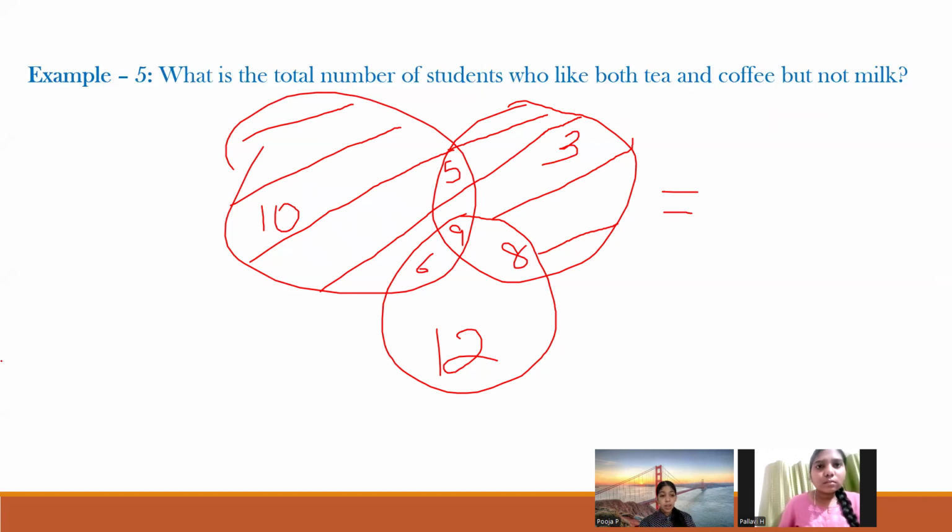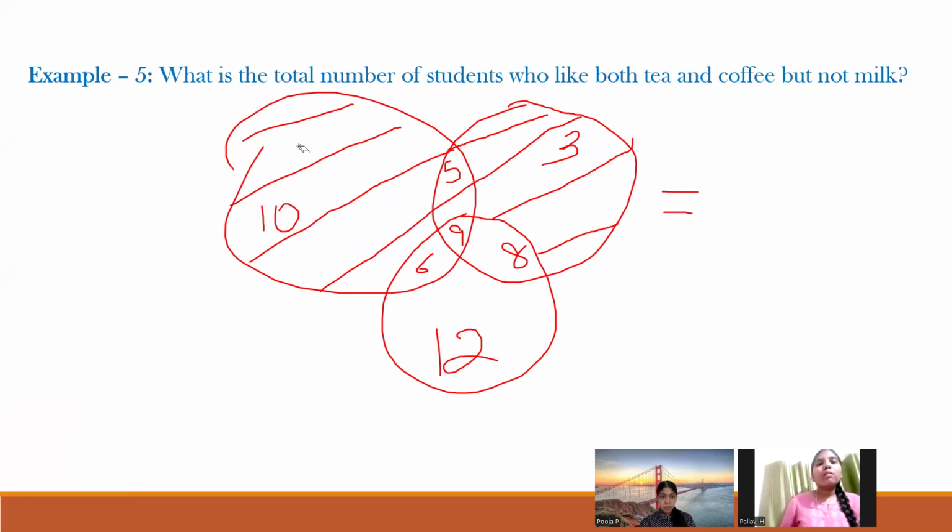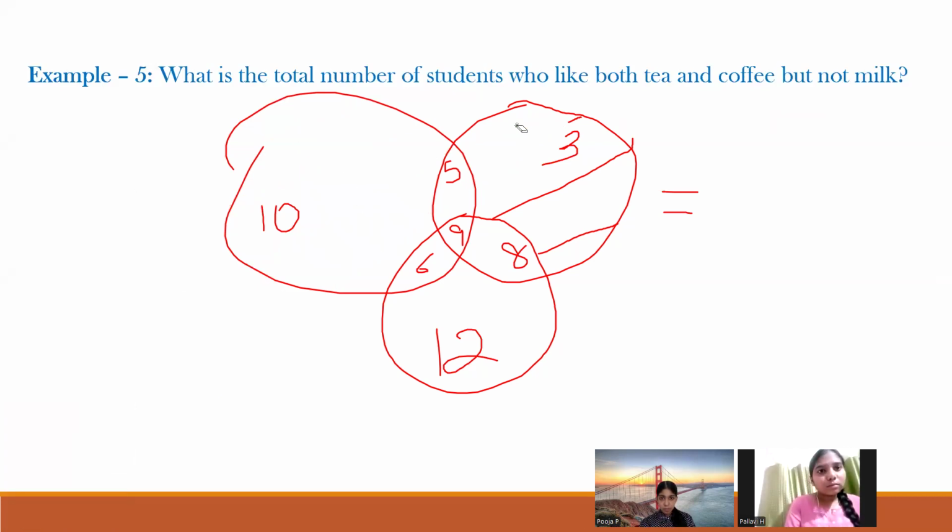Oh, sorry, they should like both tea and coffee. I made the mistake. Wait. I forgot to take from the question. They have asked both tea and coffee. They should like both tea and coffee, but they should not like milk.